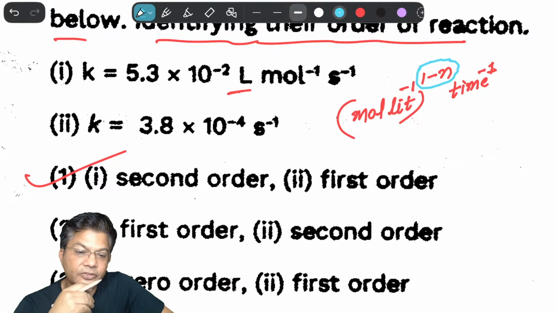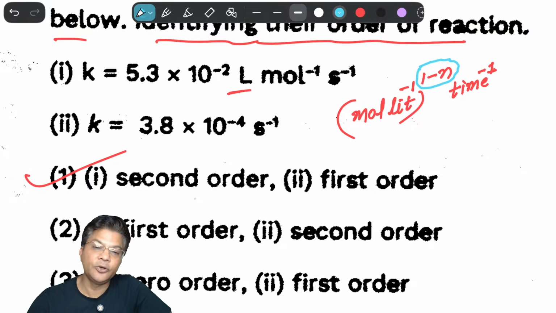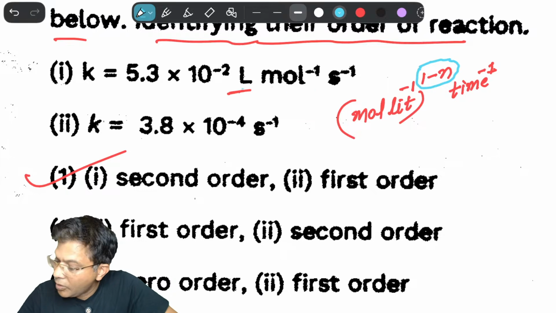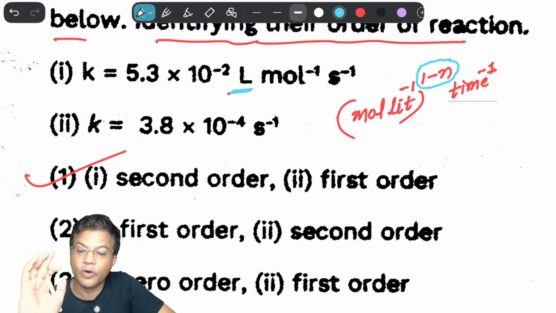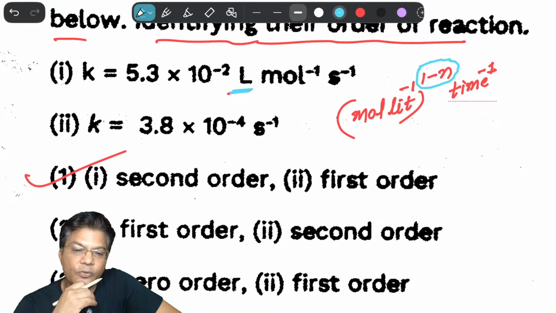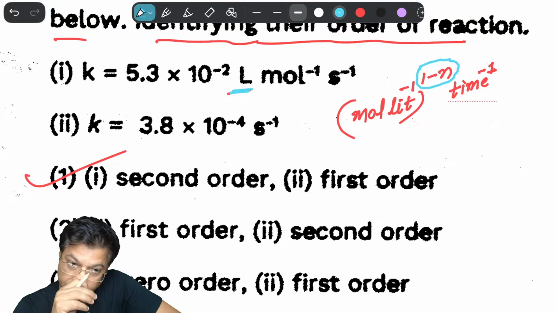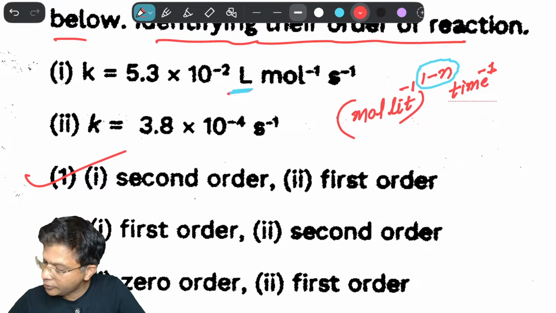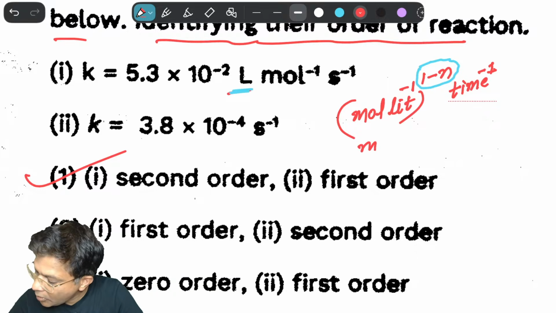What should I say? See, mole is becoming minus 1 in the second one. So what are you supposed to do, kids? How will you make it possible? Just see, if I put 2 here, it will become mole per liter.